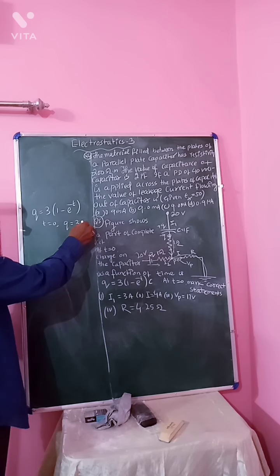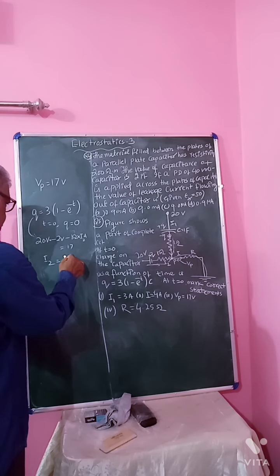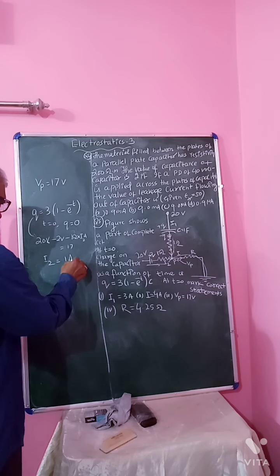If you apply Kirchhoff's law, the sum of the changes of potential is 0, so 20 volt minus 2 volt minus R, which is 1 ohm, into current I2 ampere, is equal to 17 volt. So I2 equals 20 volt minus 2 volt minus 17 volt, which is 1. So it is 1 ampere.